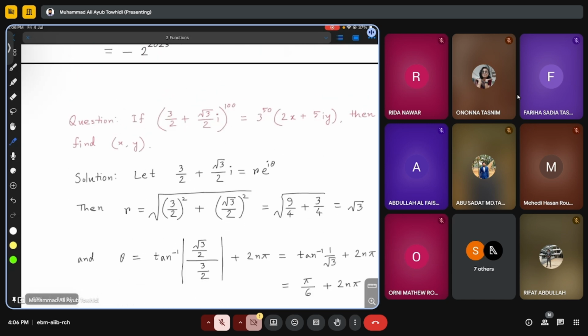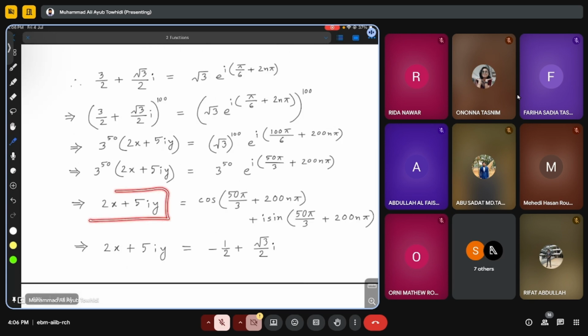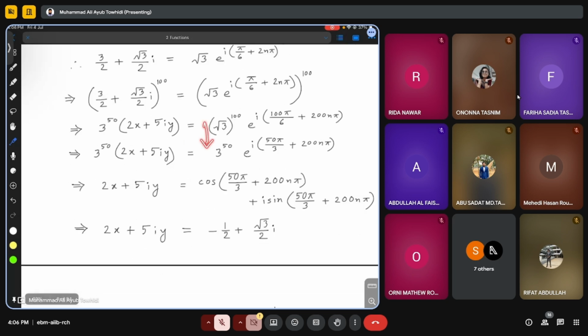Now, in the question, there is something given. This is given as 3 to the power 50, 2x plus 5iy. This one was given, and on the right side, we got this one. So 3 to the power 50 cancels on both sides. 2x plus 5iy equals e to the power i something.